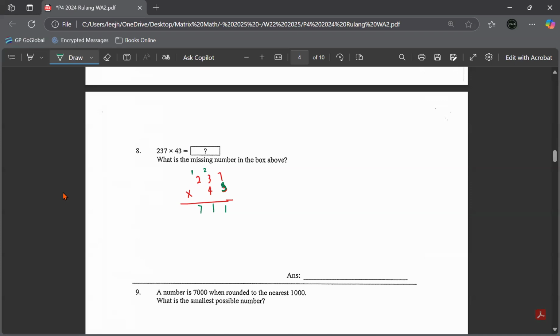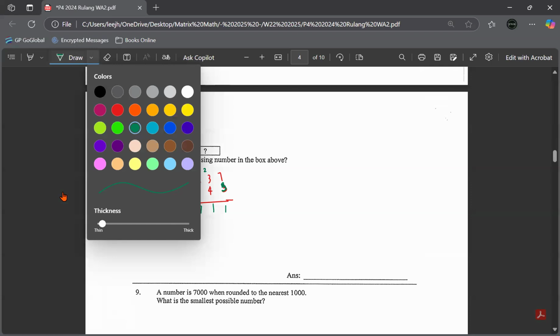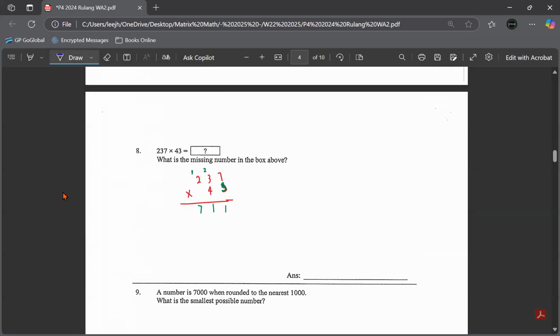Now for the next one, I'm going to use a blue one. I'm going to multiply the top number by 4 tens. So after you're done, put a 0. Now 7 times 4 is 28. So 8. The 2 you have to write again on top, because this is the other one, not this 2. This one is already done.